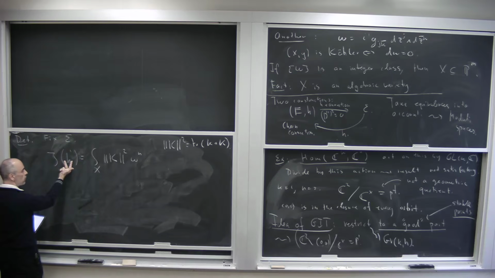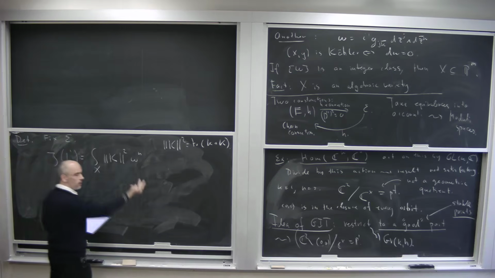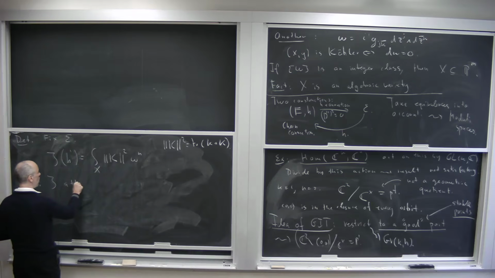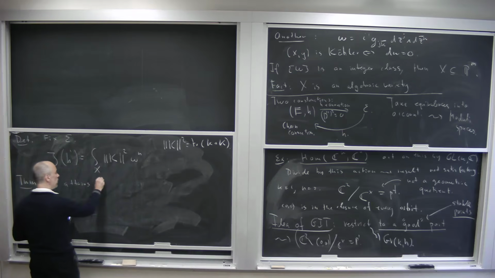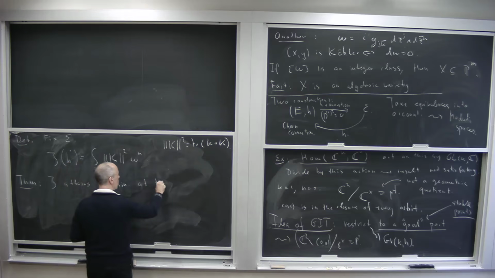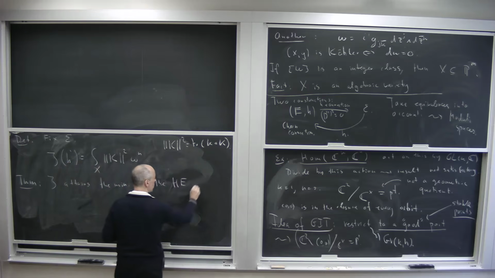And now for each Hermitian structure, I have something. So I have a functional on the space of Hermitian structures, and then a theorem that this functional, not just has critical points, it has the absolute minima at the Hermitian-Einstein structures. So J attains the minimum at the Hermitian-Einstein structures.